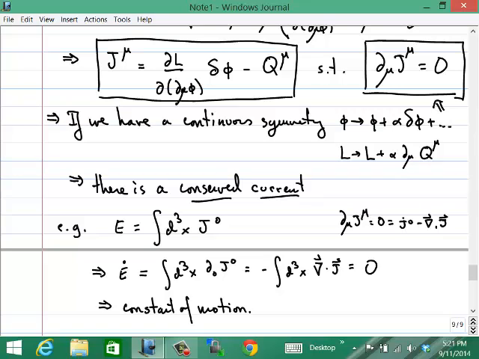Just to reiterate, whenever you have a continuous symmetry, for every solution to the equations of motion, you can compute this conserved current j. Its divergence will be equal to 0, which means that the spatial integral of its 0th component is a constant of motion.